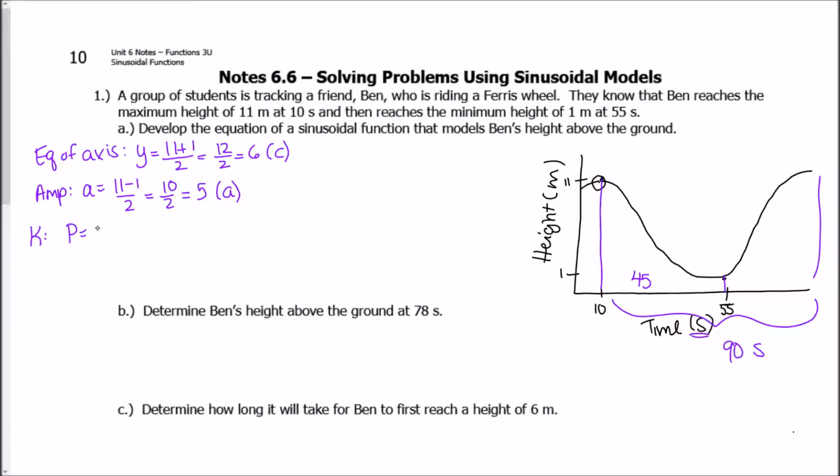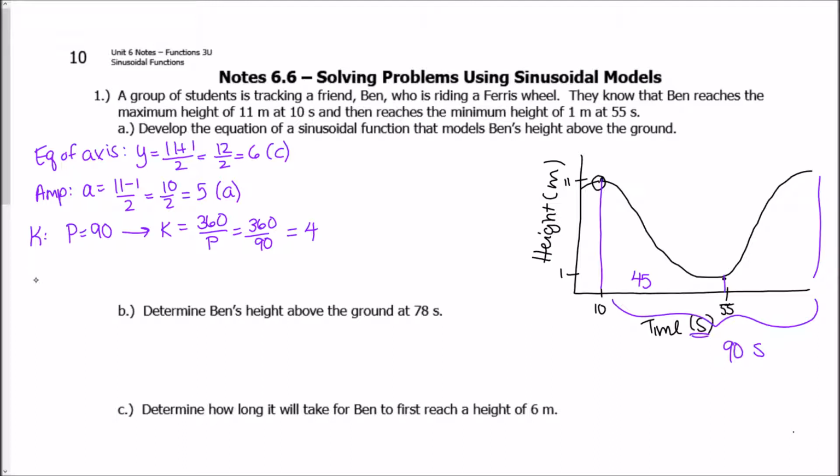And remember, our period is always going to be equal to 360 over K, which means that K equals 360 over the period, or 360 over 90. So our K value is 4, which means it was compressed with a scale factor of 4, which should make sense because a normal cycle is 360 degrees.